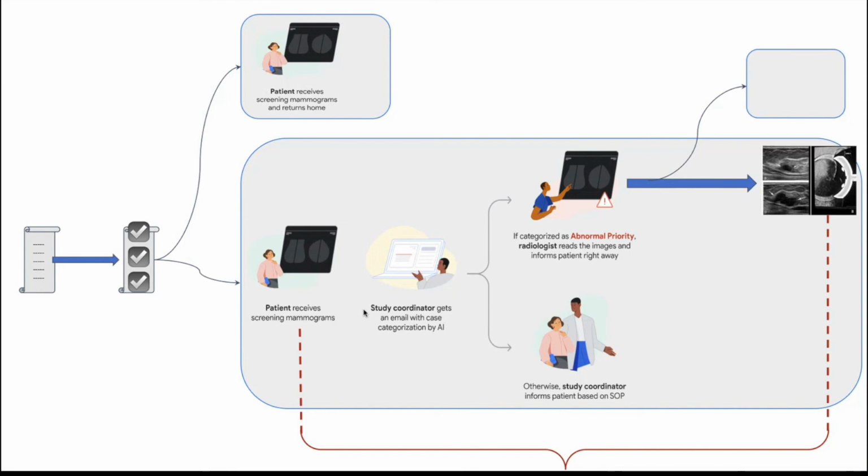And of course, if there's disagreement, then it goes back to the normal way that you would get a mammogram read. And this is purely just to prioritize scans that need to be read sooner. This isn't even the quote unquote next step, which is let's just have the mammogram read by an AI.